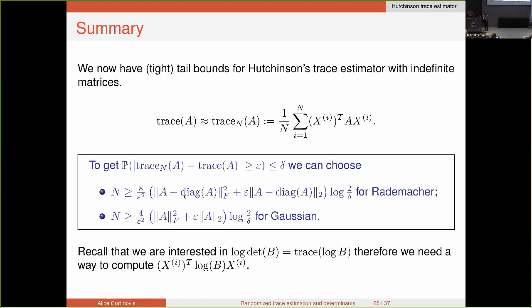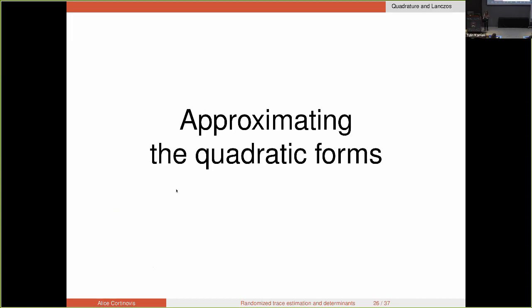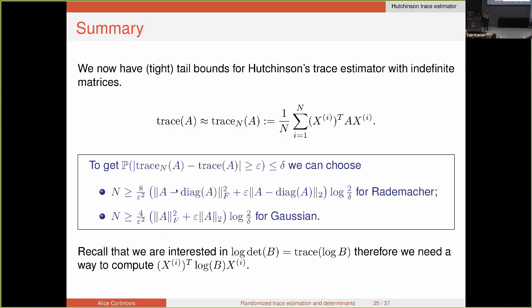Note that the differences are a factor 4 and a factor 8, whatever. The diagonal of A doesn't influence the estimate for Rademacher vectors, while it does for Gaussian vectors.